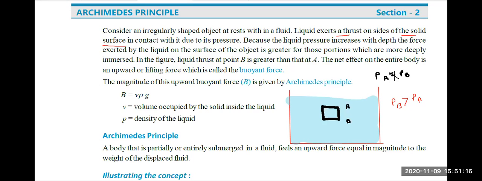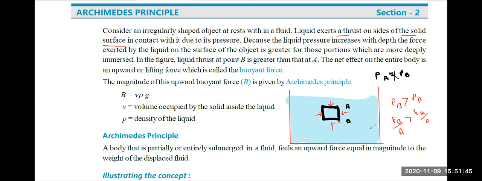Right? Means when you talk about this object, if it is having some height, we have pressure from this direction, from this direction, from this direction, and from this direction. But the pressure on this point is less than the pressure on this point, right? So I can say that force on point B by area is greater than force on point A by area, right?